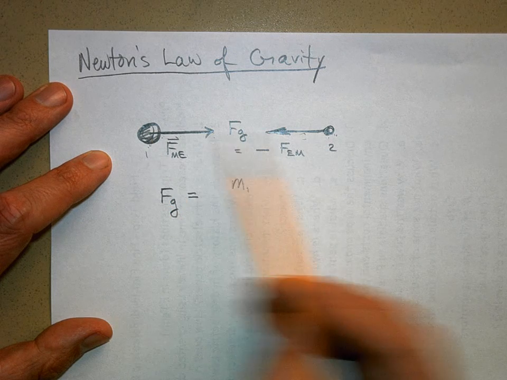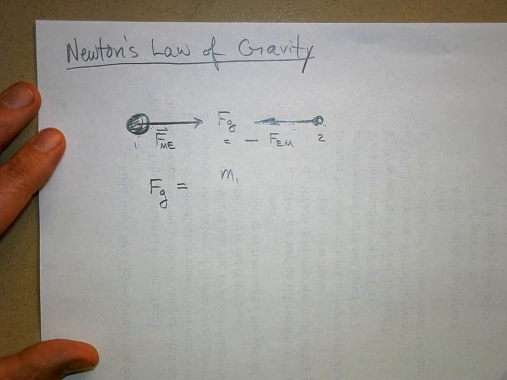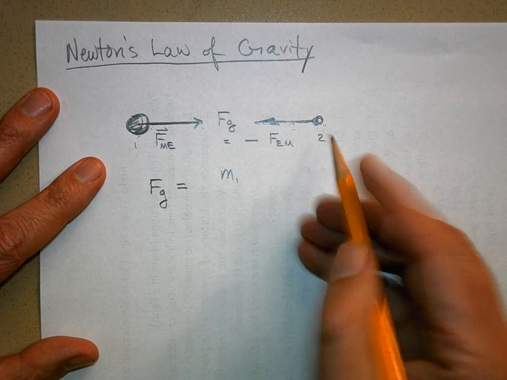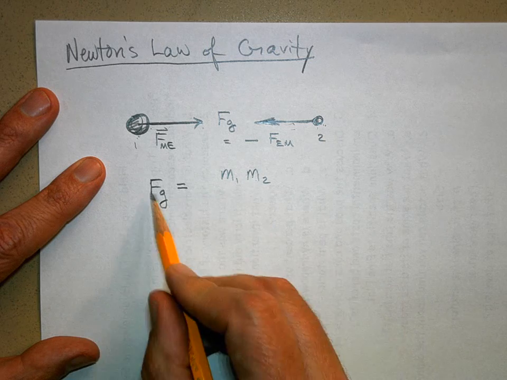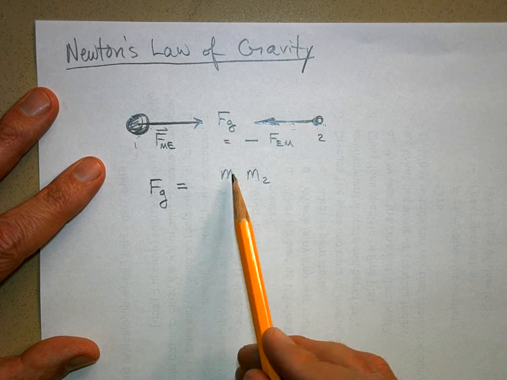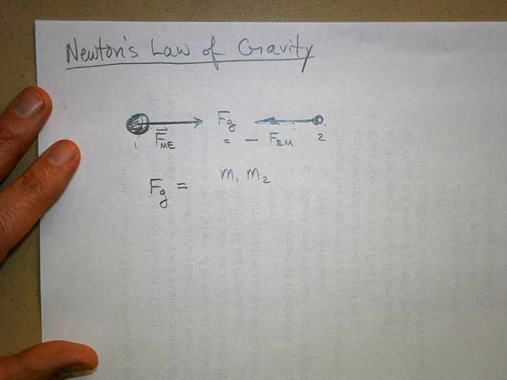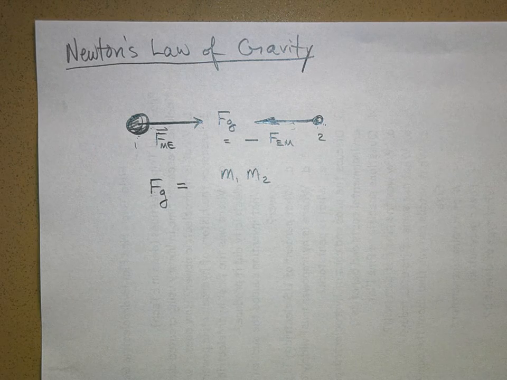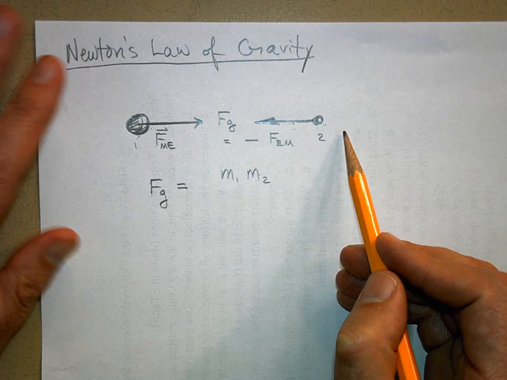I get twice as much force of gravity, force of attraction between the two objects. And same goes with the other object. The force of gravity is directly proportional to the masses. Makes sense.